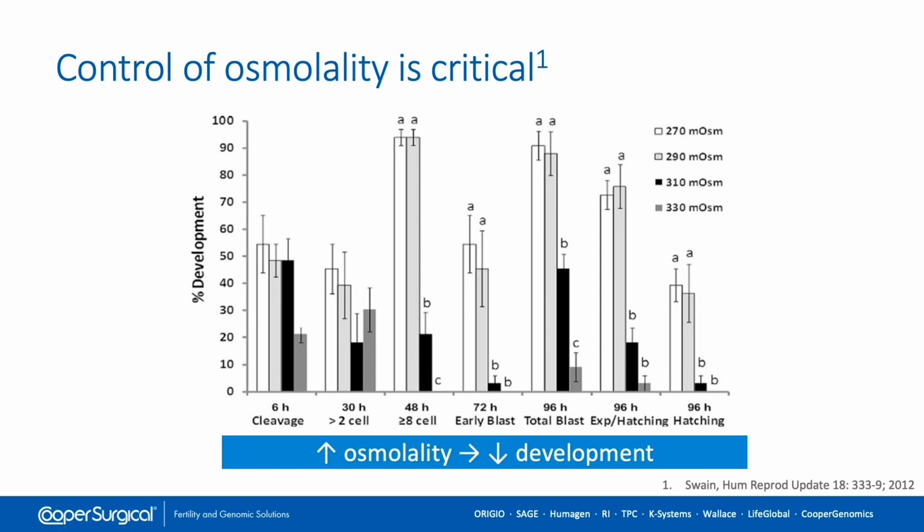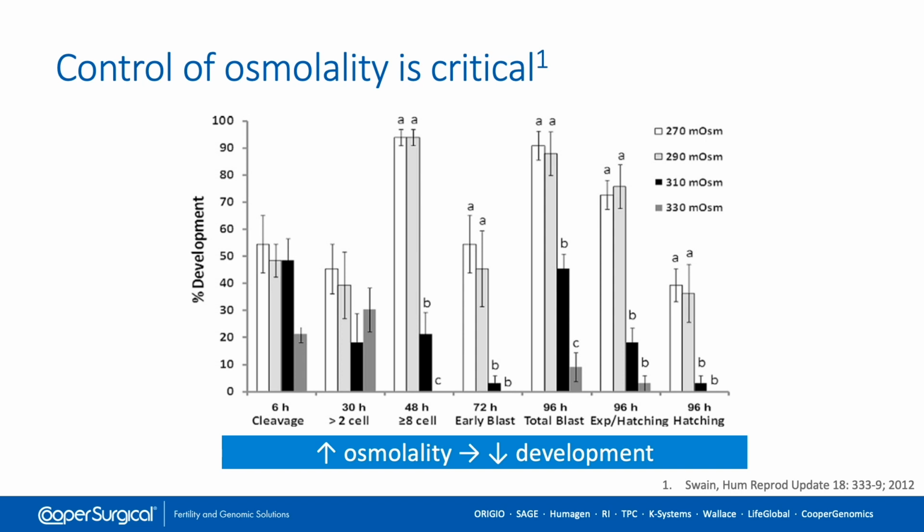So from an early cleavage stage right through to blastocyst and hatching blastocyst, a relatively small increase in osmolality can have a major impact on development. And here we're looking at changes from 270 to 330 milliosmoles per kilogram having a significant impact on each of these different stages. So something we should take very much care of.